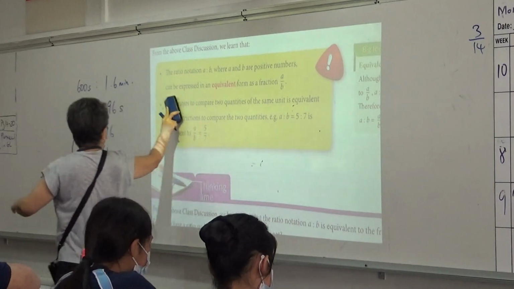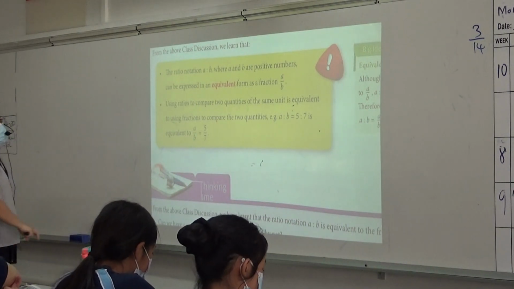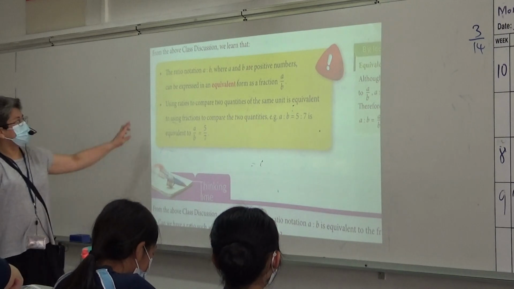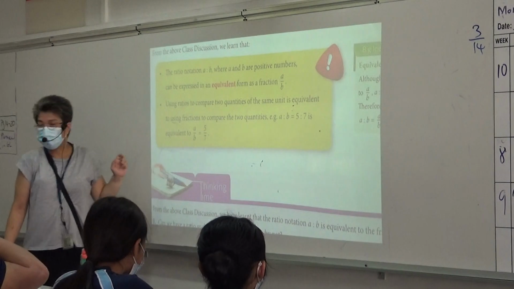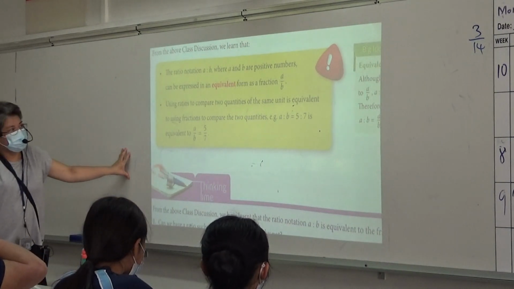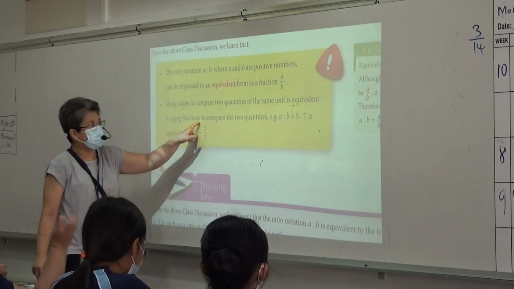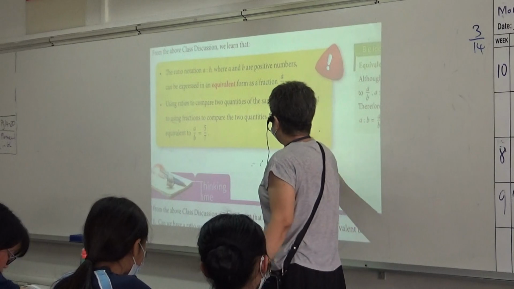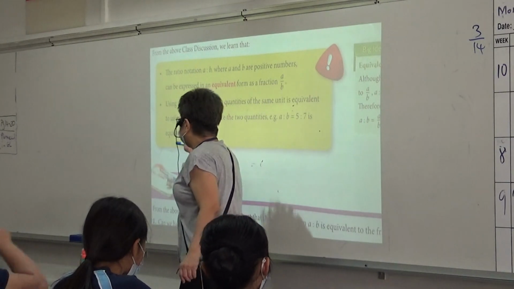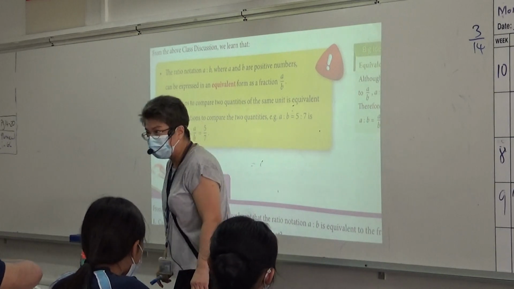The ratio notation A is to B, where A and B are positive numbers, can be expressed in an equivalent form as A over B. Using ratios to compare two quantities of the same unit is equivalent to using fractions to compare the two quantities. That means A is to B, 5 to 7, is equivalent to A over B equals 5 over 7. Are we clear?